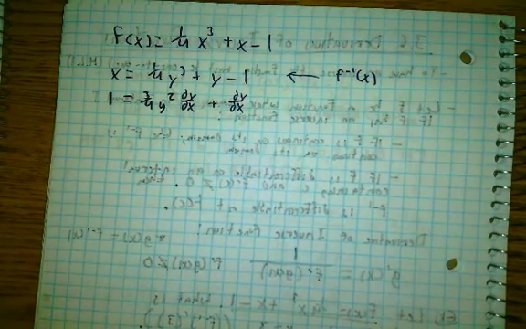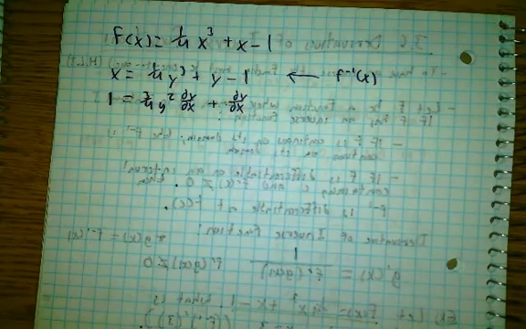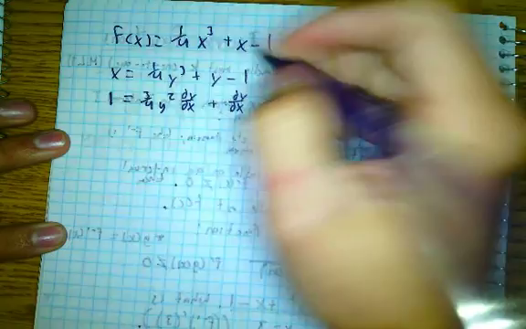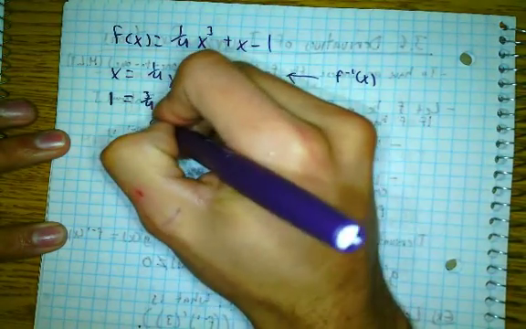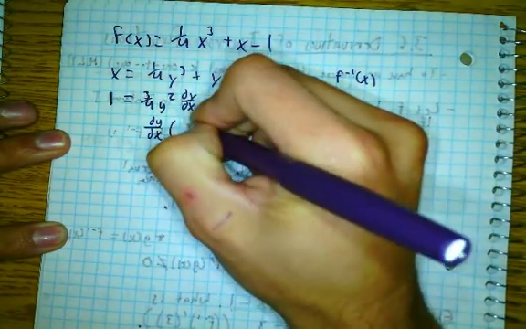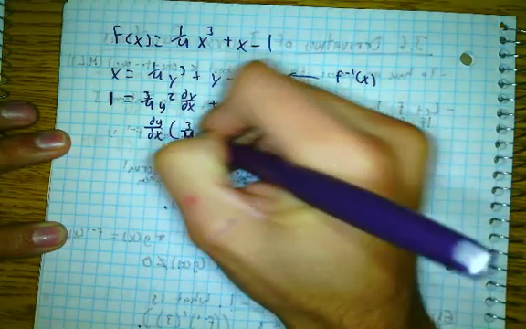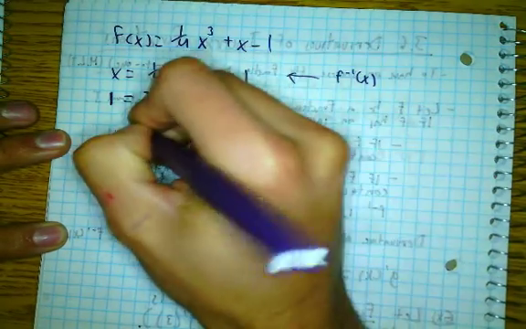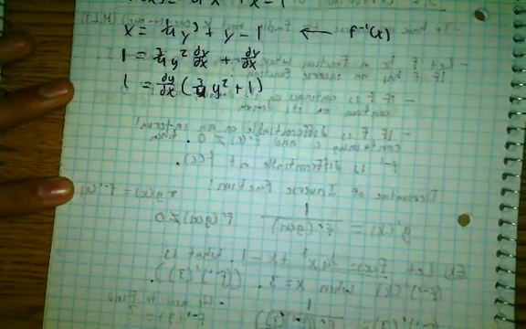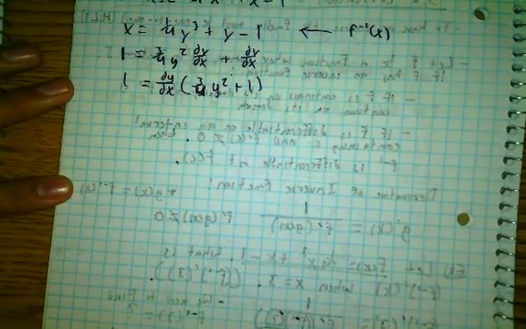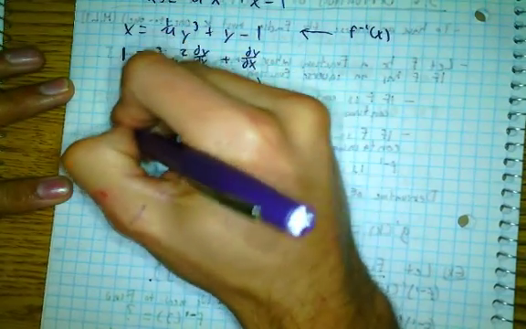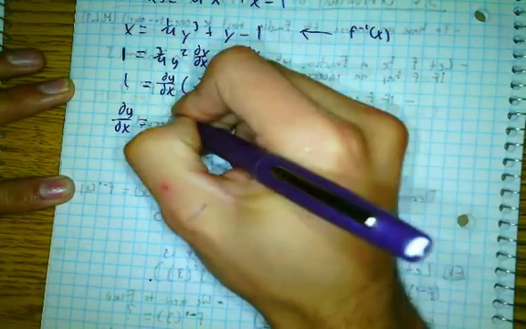So then couldn't I say that dy dx times 3/4 y squared plus 1 equals 1, right? Which means that dy dx equals 1 divided by 3/4 y squared plus 1.